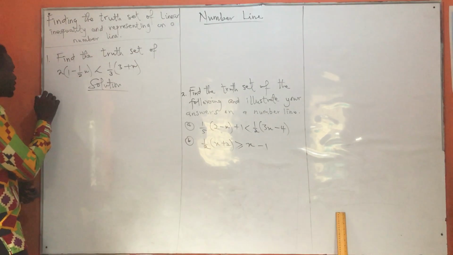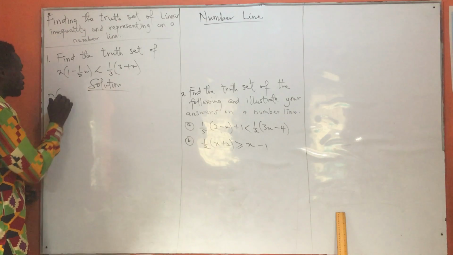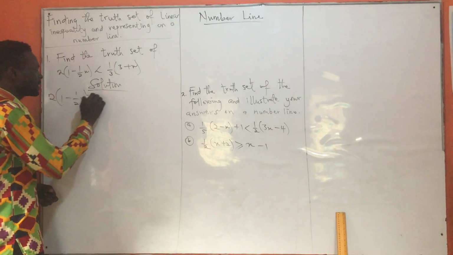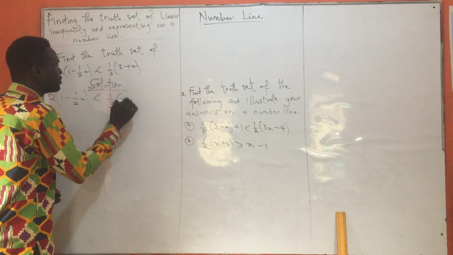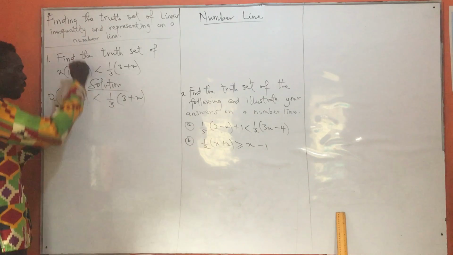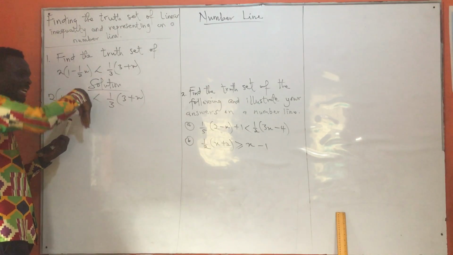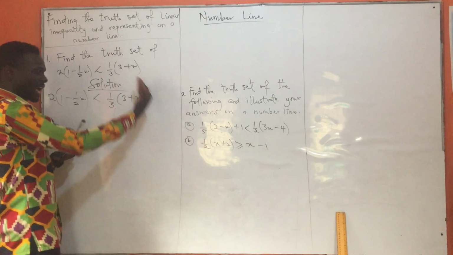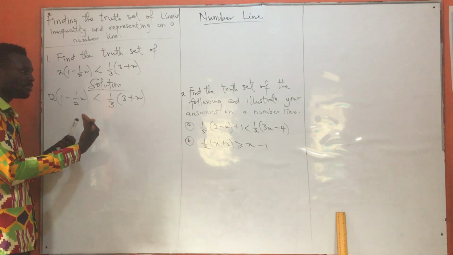Now we have the question as 2 bracket of 1 minus 1 over 2 x, less than 1/3 bracket of 3 plus x. We have one fraction inside a bracket, and one fraction outside the bracket.